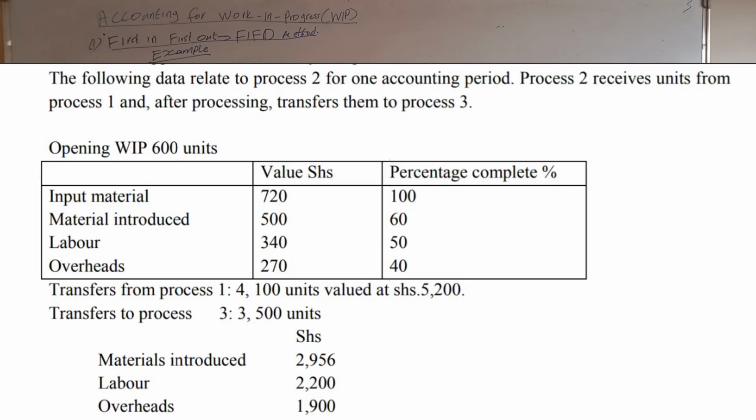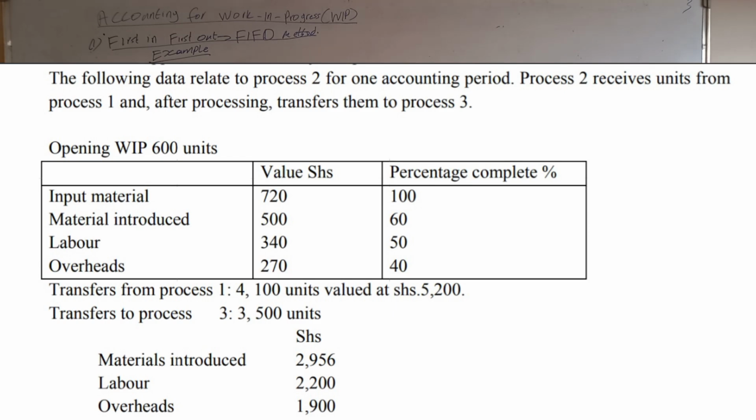Now, these are the data we are being given in this financial period. During that period, the opening work in progress was 600 units.